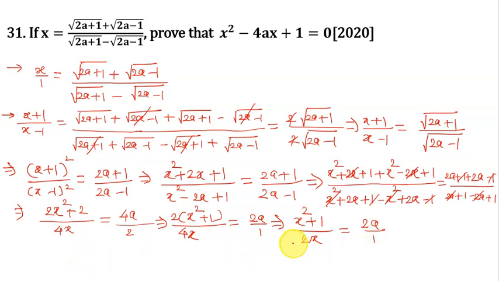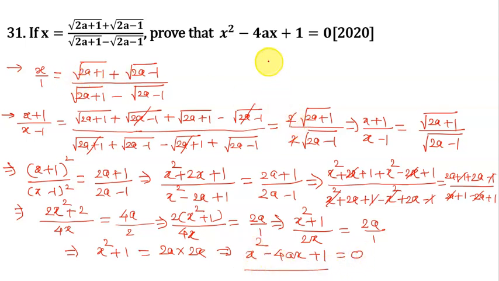And lastly, after the cross multiplication, you will have here a(x²+1), that is (x²+1) into 1 is x²+1, and what about the right hand side, 2a into 2x, and it implies that x² minus 4ax plus 1 is equal to 0, and in this way we have proved it.